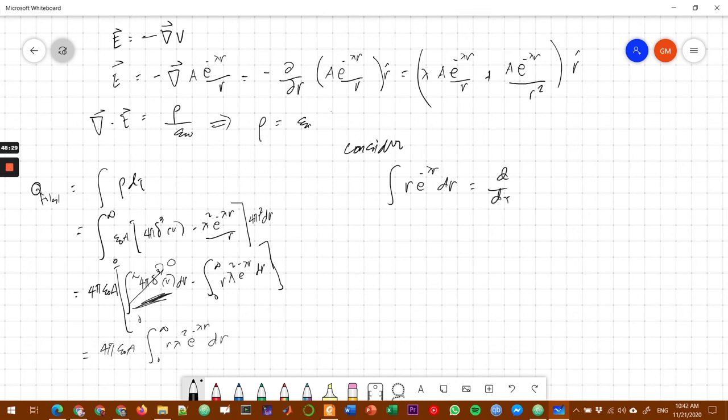d over d lambda of the integral from 0 to infinity of e to the negative lambda r dr. They are equal, right? Because if you take the derivative with respect to lambda, this is lambda.